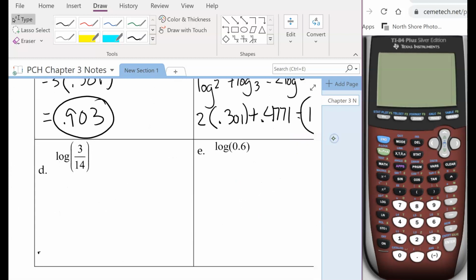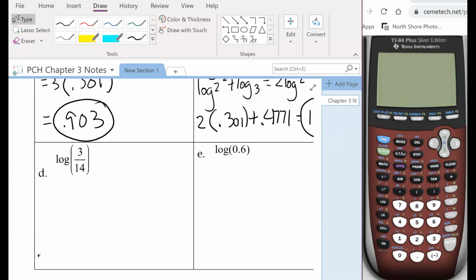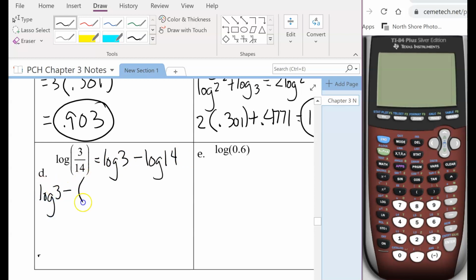Alright, part D, we have another log of a fraction here. So we'll separate it into the difference of 2 logs. Log 3 minus log 14. We have the value for log 3, but we don't have the value for log 14, so let's go ahead and break that up. So we have the log of 3 minus, notice the parentheses here, log of 2 times 7, which becomes log 3, minus the log of 2 plus the log of 7.